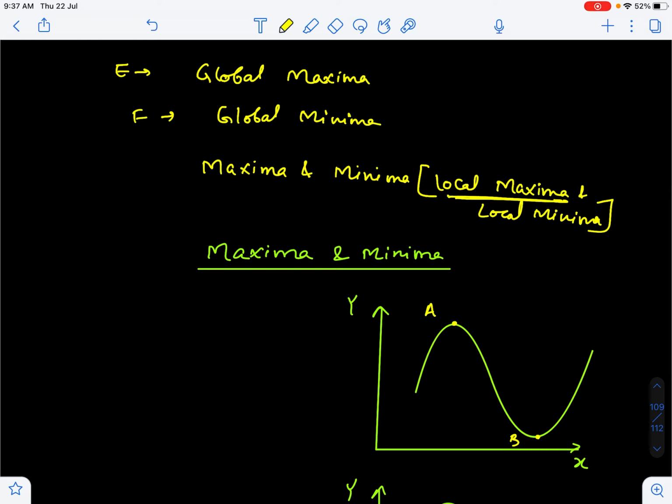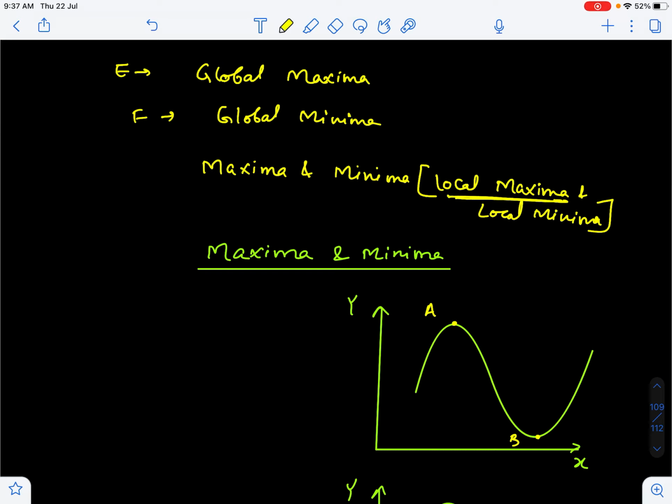So what can I say from this graph? I told you if I have to calculate the slope at any point, I just draw the tangent, and the tangent gives you the slope at that point.